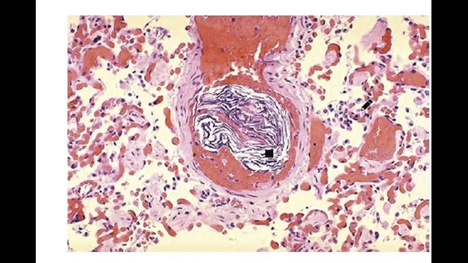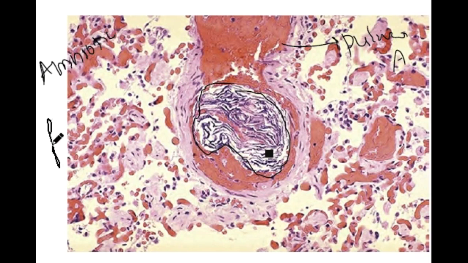Now this is a microscopic picture, where what is this? This is the epithelial squamous. This looks something like epithelium, right? So this is the epithelial squamous which is seen in the pulmonary artery. So this is a pulmonary artery, and this is the epithelial squamous in the pulmonary artery. This is nothing but amniotic fluid embolism.